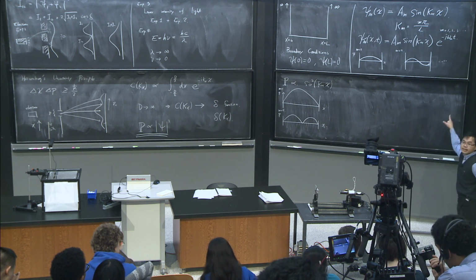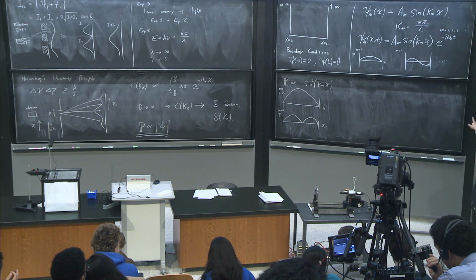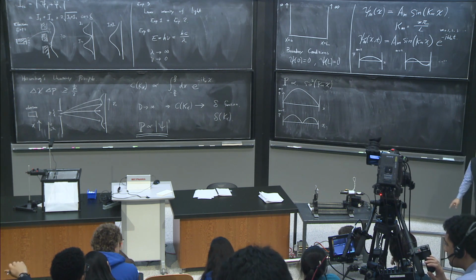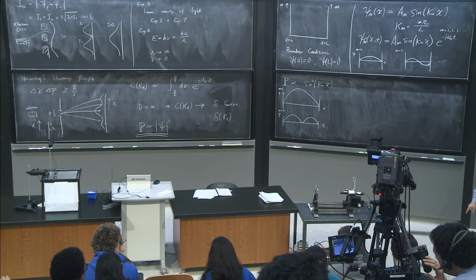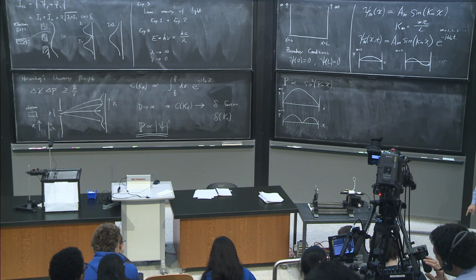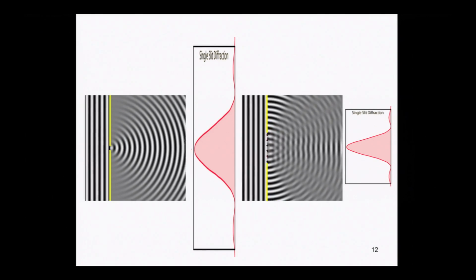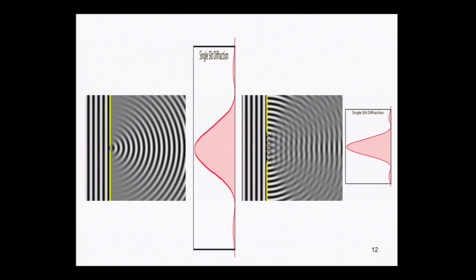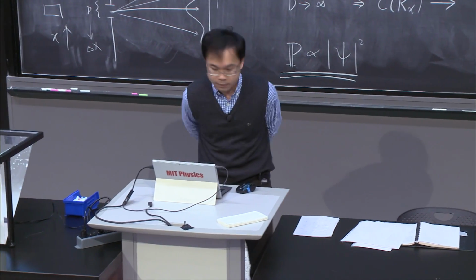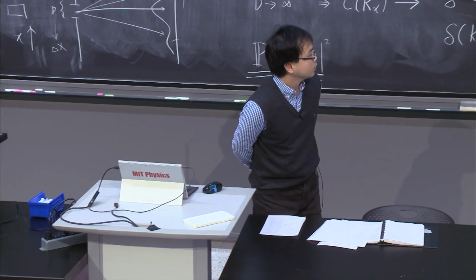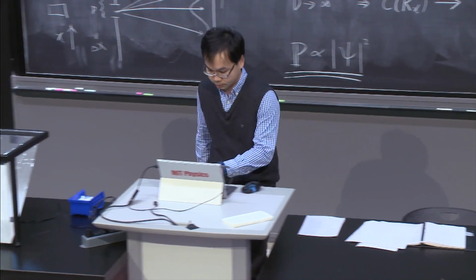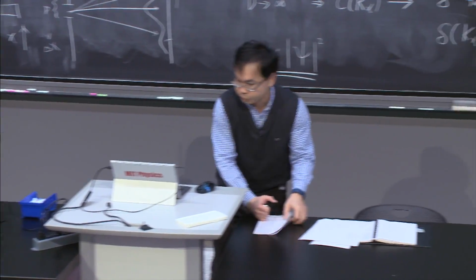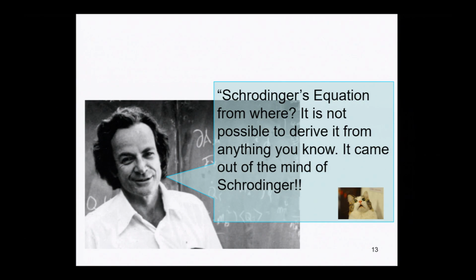This solution is incomplete. You don't know what the omega value is, right? Because you don't have the dispersion relation. So what is actually the wave equation for quantum mechanics? It is actually Schrodinger's equation.